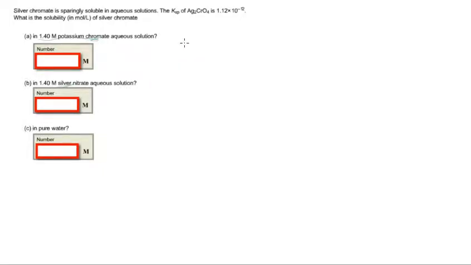Okay, so we have Ag2CrO4 yields 2Ag plus plus CrO4, that has a negative 2 charge, so positive 1 charge.